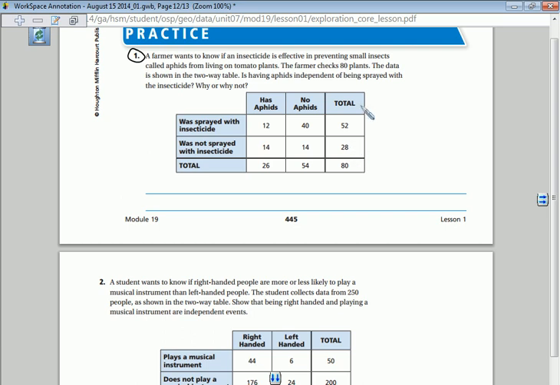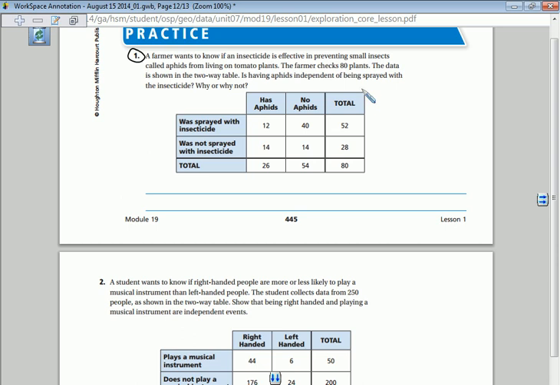Okay, number 1 says, a farmer wants to know if an insecticide is effective in preventing small insects called aphids from living on tomato plants. The farmer checks 80 plants. The data is shown in the two-way table.